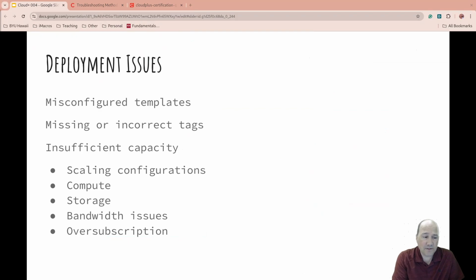You can often see misconfigured templates, because there's always a slight change from a non-prod to a prod environment, because you're going from one environment to another. So there can always be a misconfiguration issue. Missing or incorrect tags.